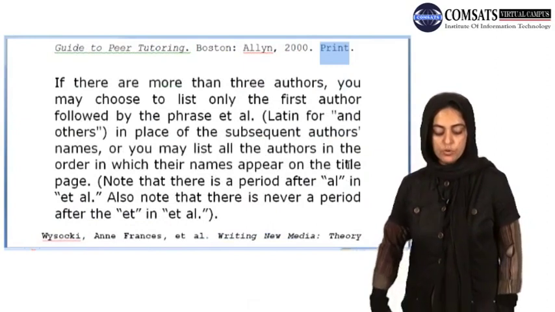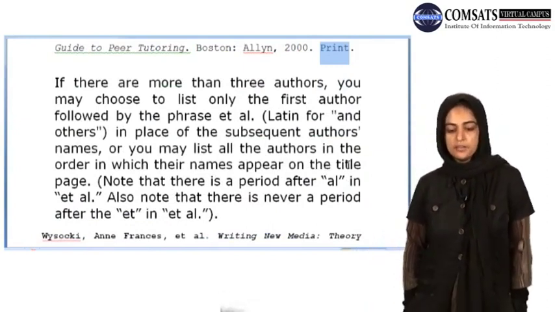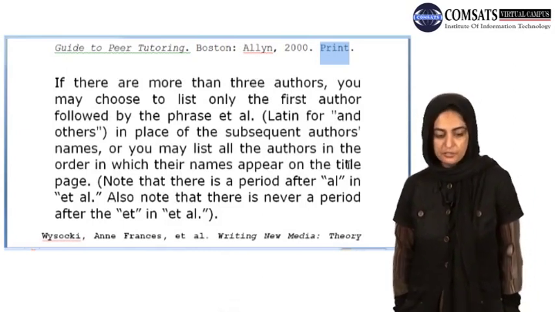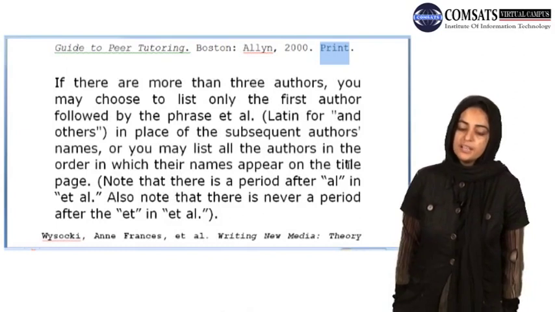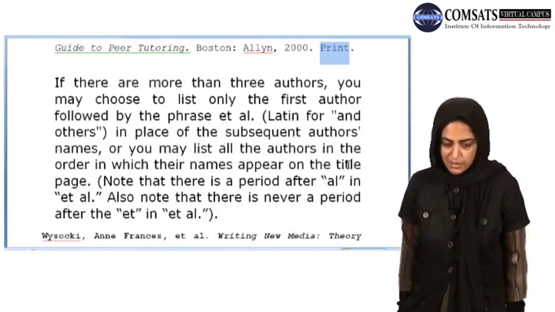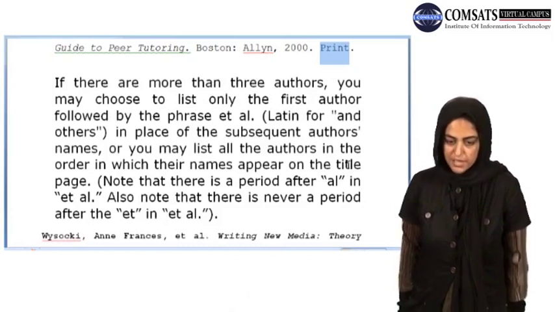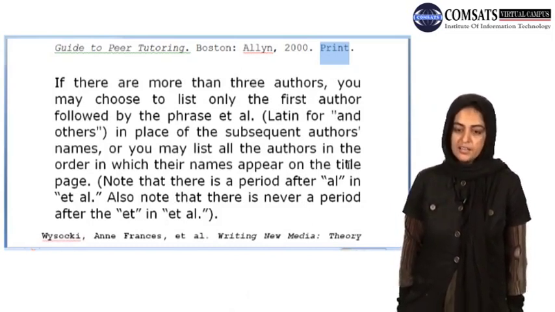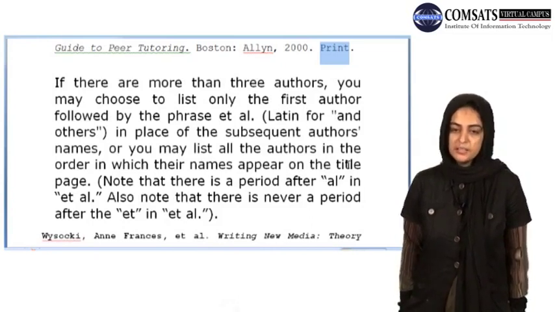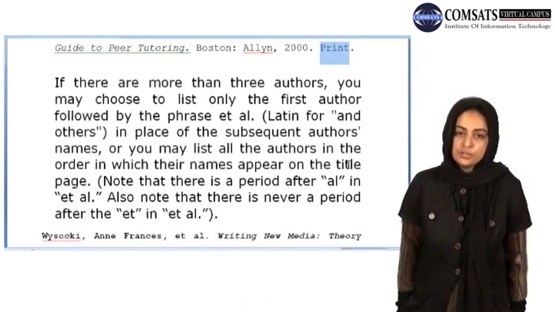Okay, dear students, if you are having more than three authors, for example, then is there any shortcut that can be followed instead of writing the names of all the authors? In in-text citation, if you remember, we did discuss it. There is a small phrase, et al., that is a Latin phrase basically, and it means and others.